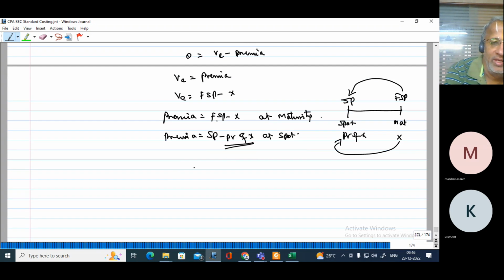Now, the value of the call is equal to spot price minus present value of exercise price. The value of the put should be present value of exercise price minus spot price.